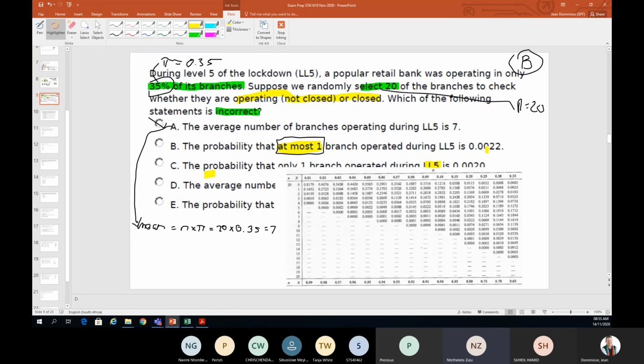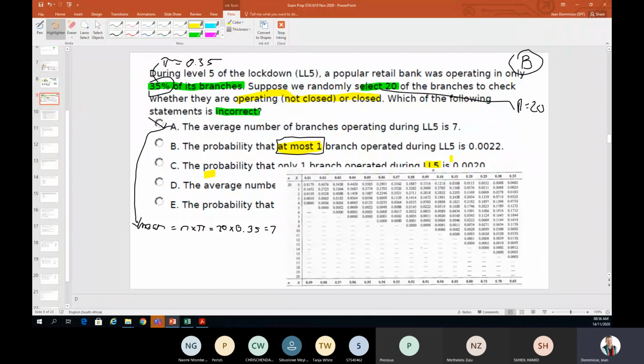I think it's greater or equal to. Okay, so at most is the opposite. At least would have been greater or equal to. At most means only nearly. So the probability that at most one branch is open is basically 1 and 0, or 0 and 1.